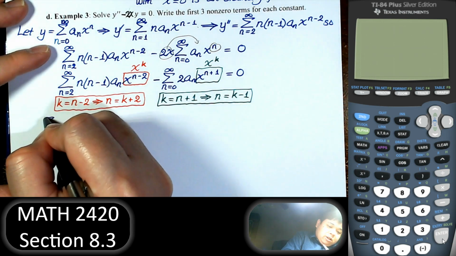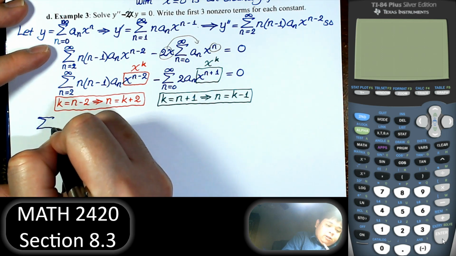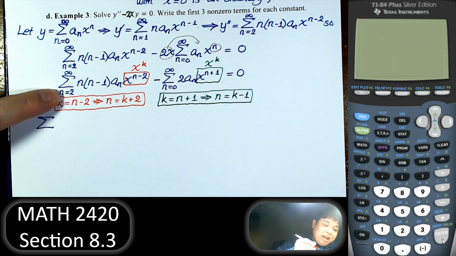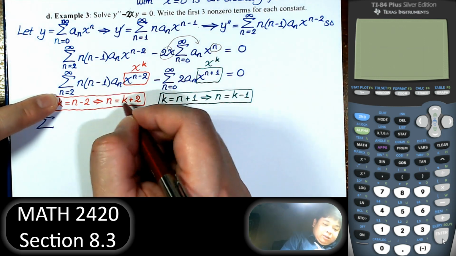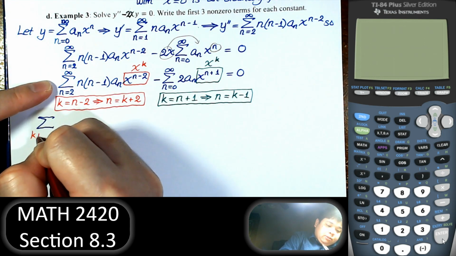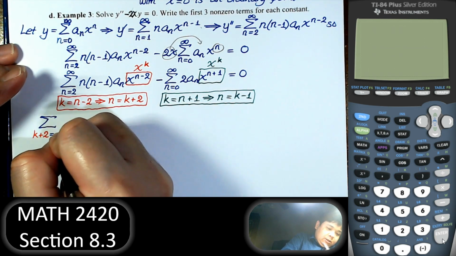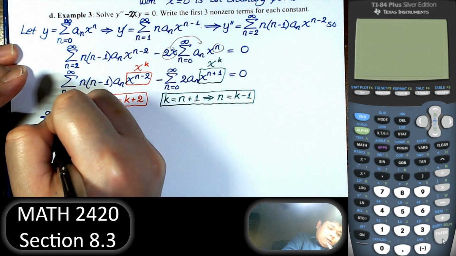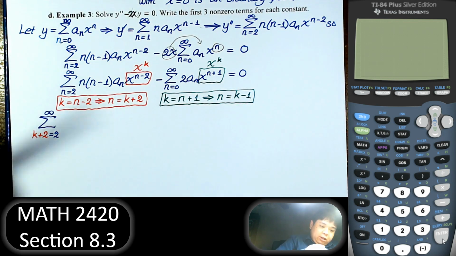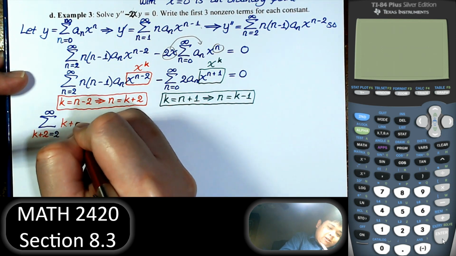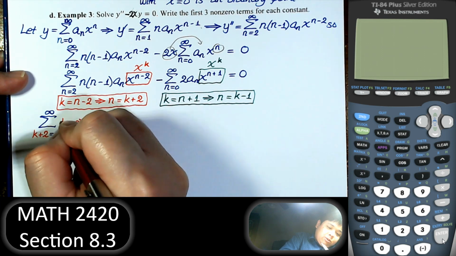Right, summation. This one has a k, this one has an n. That will be k plus 2. There's an n, k plus 2.